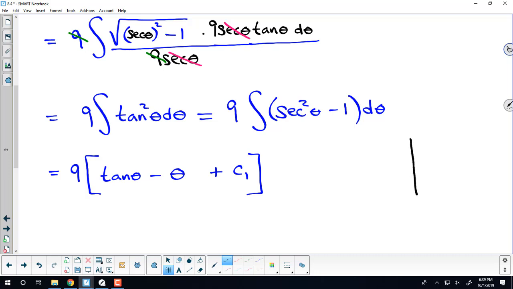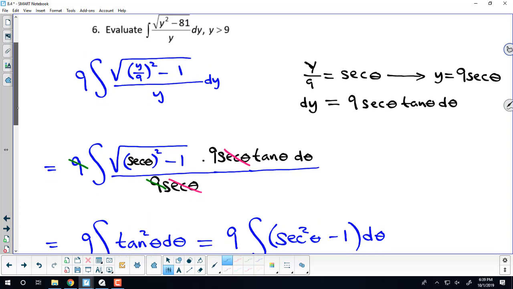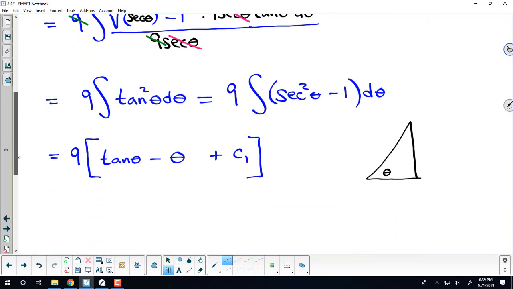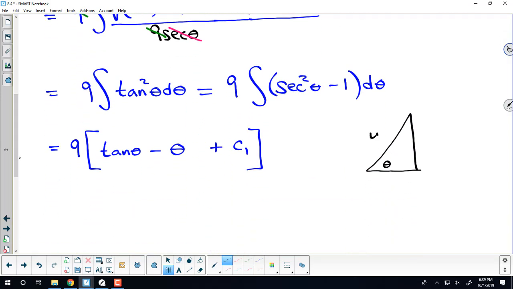And then to resubstitute in terms of x, we have to draw our triangle that relates theta and tangent together based on the original substitution that y over 9 was secant theta. So that's secant, which then makes the other side the square root of y squared minus 81.